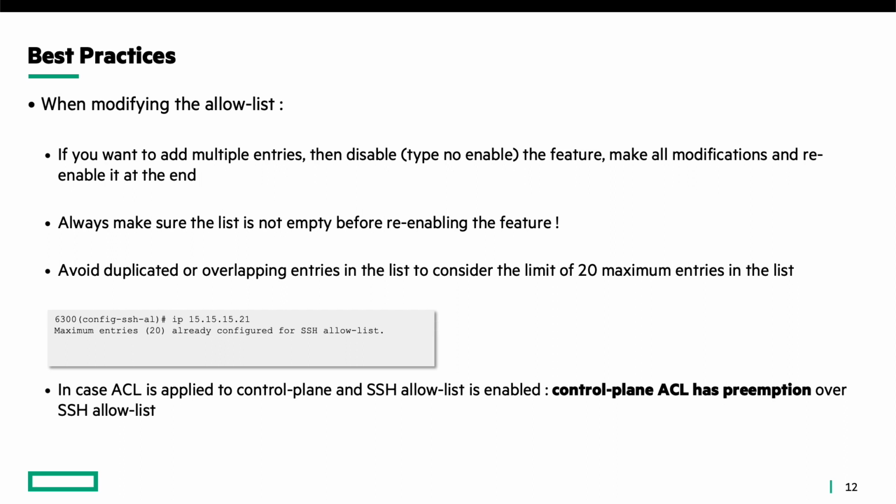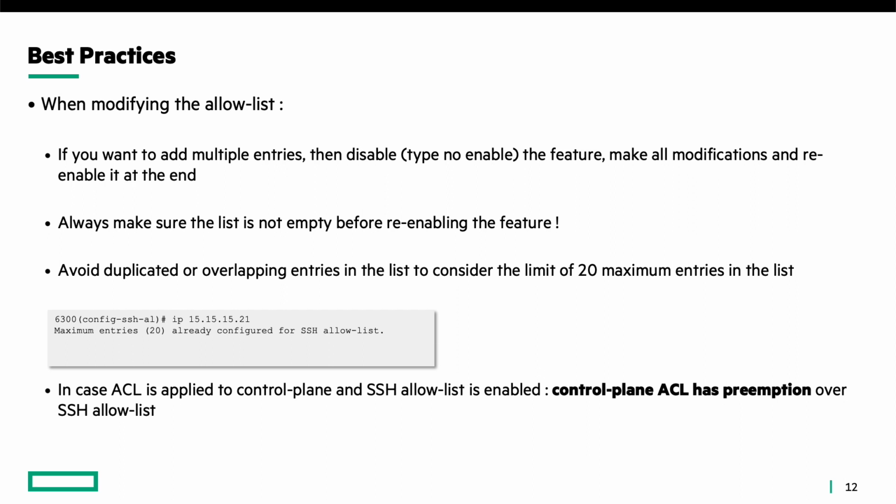So what happens if both features are enabled at the same time in parallel? If, I don't know, we permit 10.0.0.0/24 in the SSH server list, but we deny 10.0.0.0/24 in the control plane access list, what will happen from this source IP address?